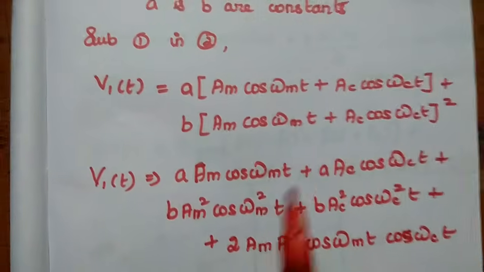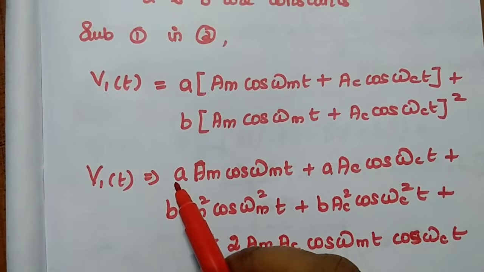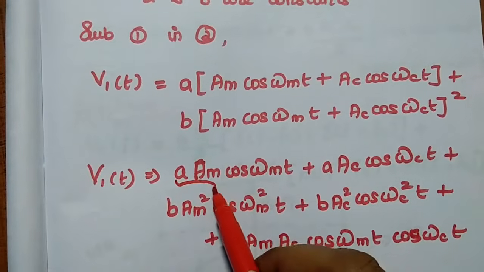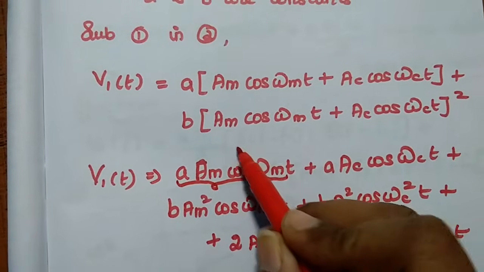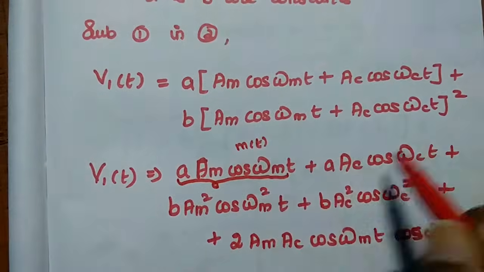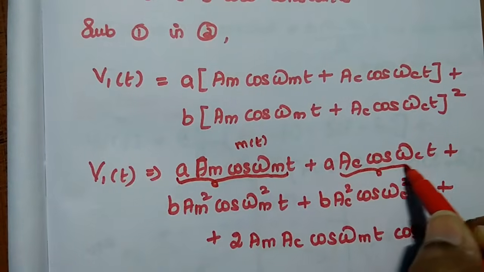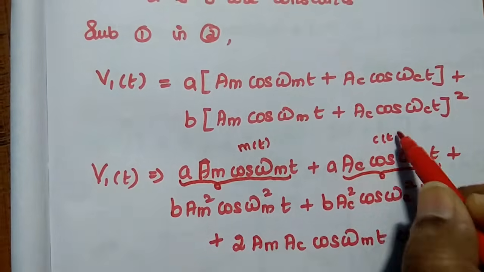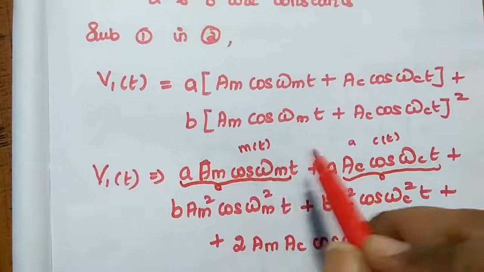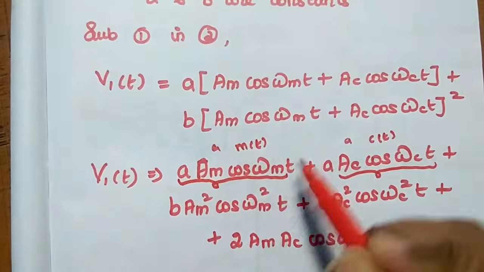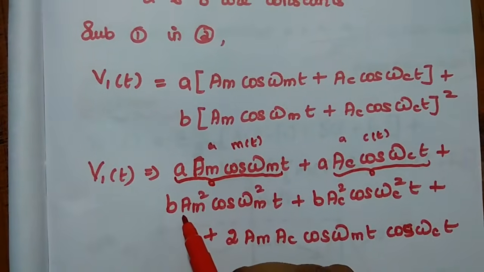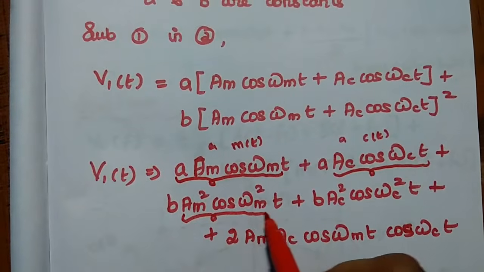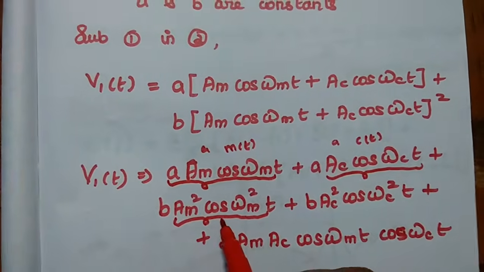Here we have to note a very important point: this is the modulating signal m of t as such, and this is the carrier signal multiplied with a constant value. This is the squared modulating signal.